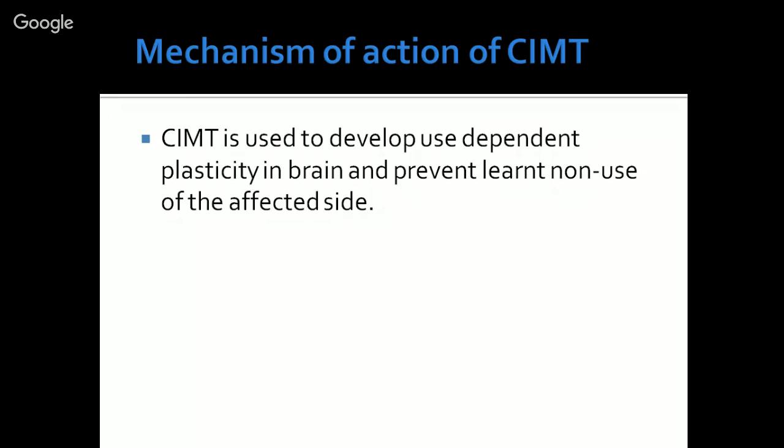When they try attempting their activities, they learn that if they use the affected side, it is not very effective, and therefore they start learning how not to use the affected side. So it's a learned phenomenon, and CIMT mainly aims to overcome that learning process.